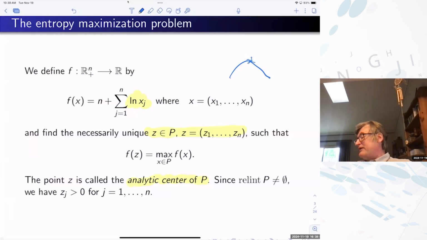I think the first time I saw that in print was in James Renegar's paper in 1988. It was at the source of so-called interior point methods in linear programming, a benchmark thing that is easy to compute.